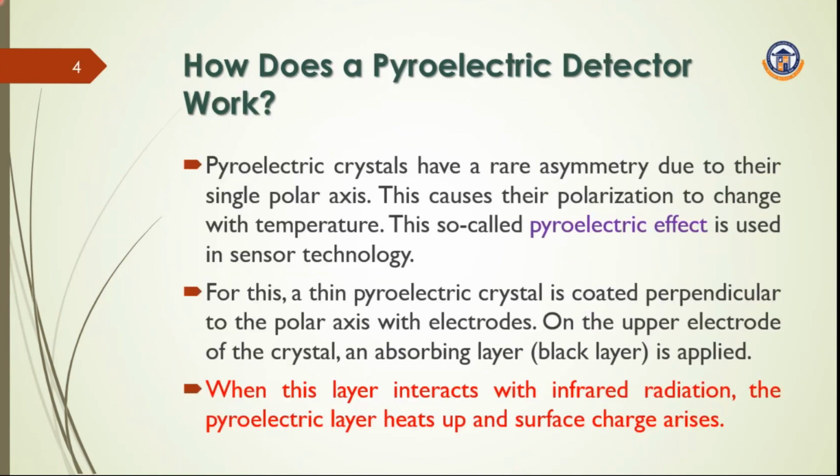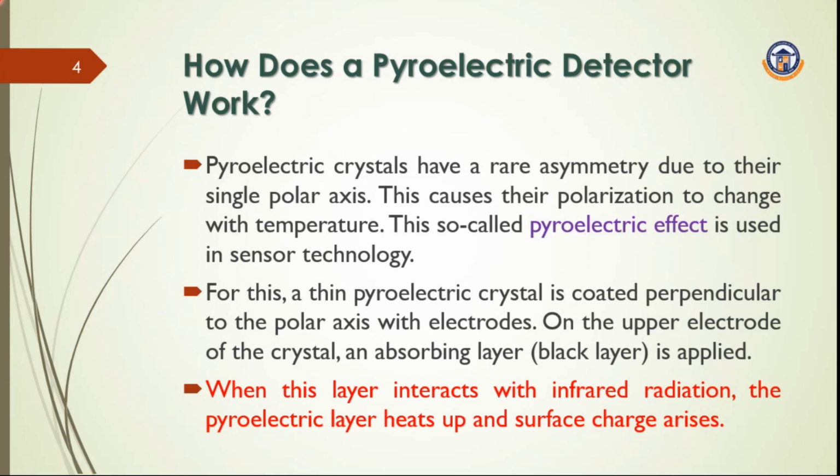How does a pyroelectric detector work? Pyroelectric crystals have a rare asymmetry due to their single polar axis. This causes a variation of polarization with temperature. This we call the pyroelectric effect. On the upper side of the sensor, a pyroelectric crystal is coated with electrodes perpendicular to the polar axis, and a black layer is pasted on it.